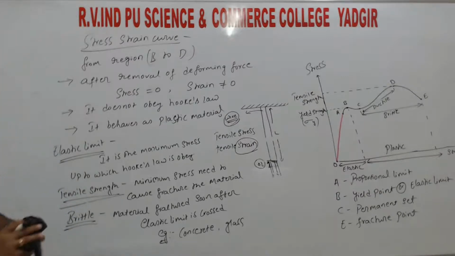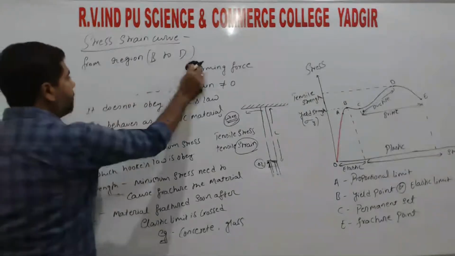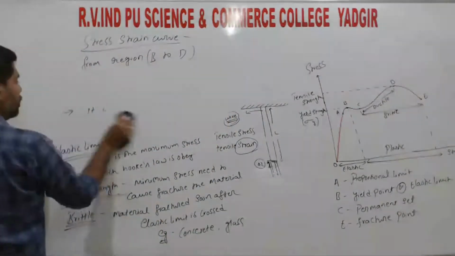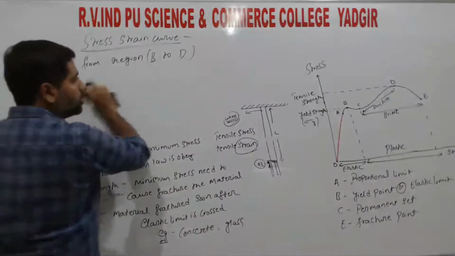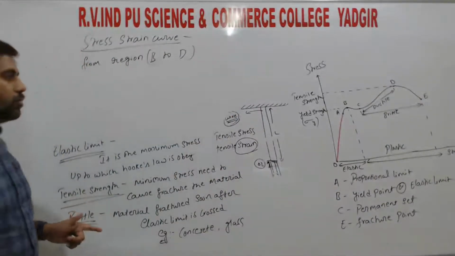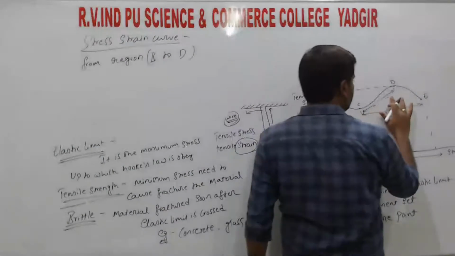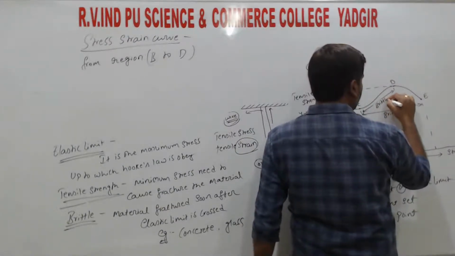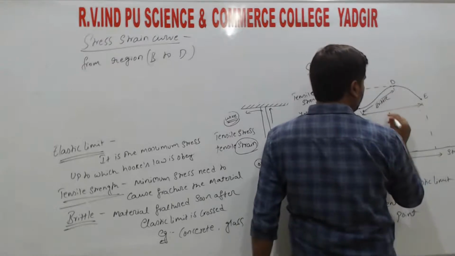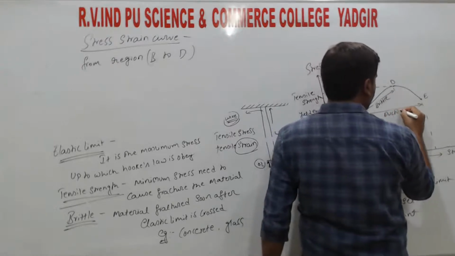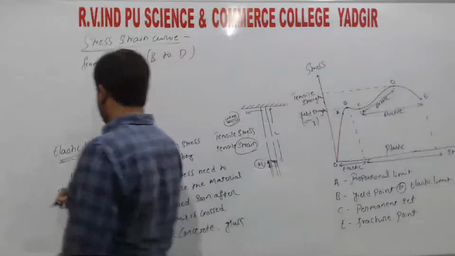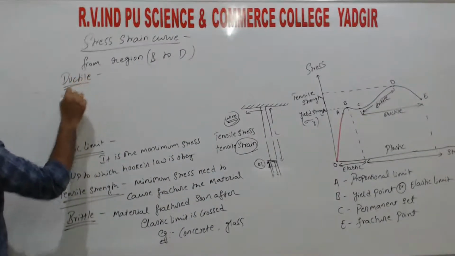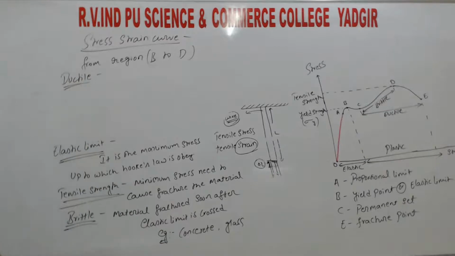So the next one is ductile. This is brittle and this one is ductile, right?